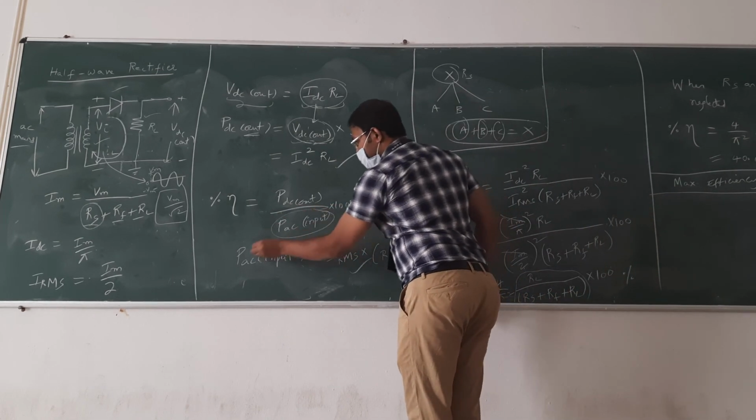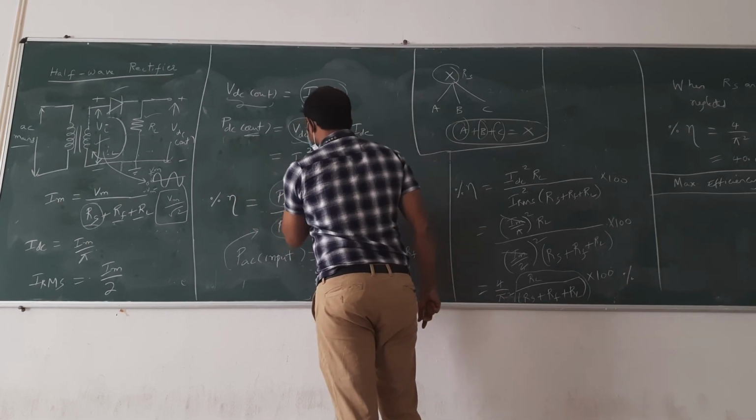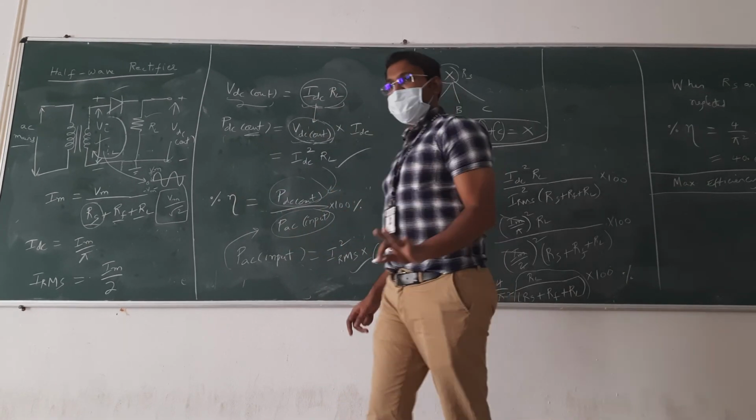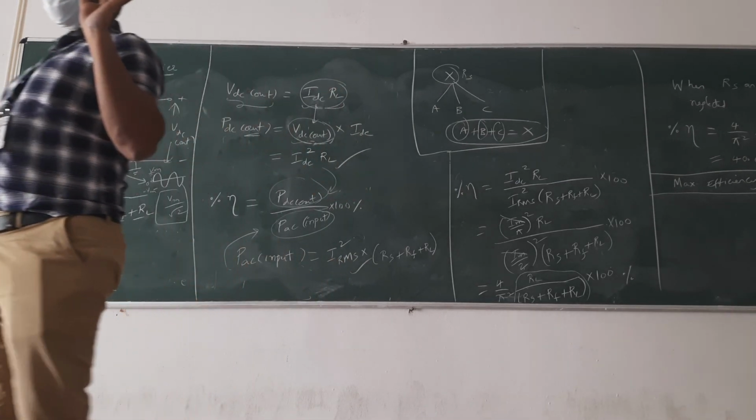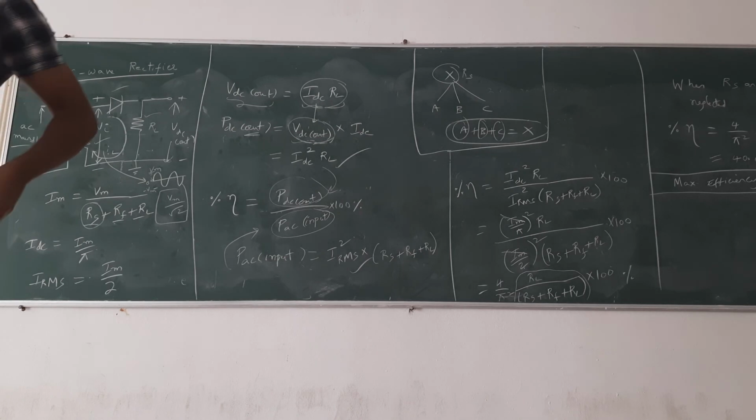What you calculate, you substitute here. EDC out, what you calculated, substitute here, find efficiency. Solve and come when you come for the next class. We'll continue in the next class.